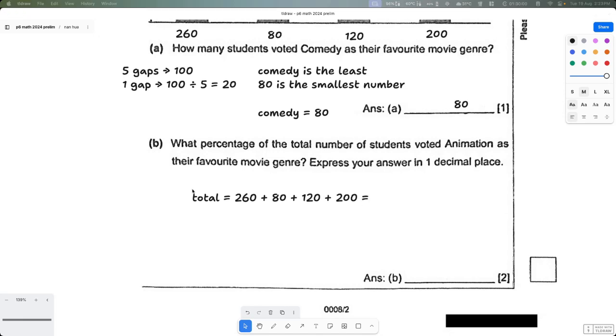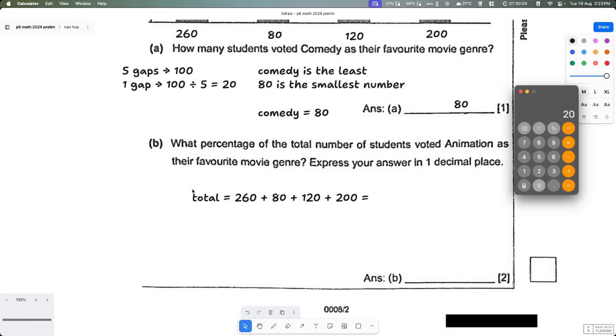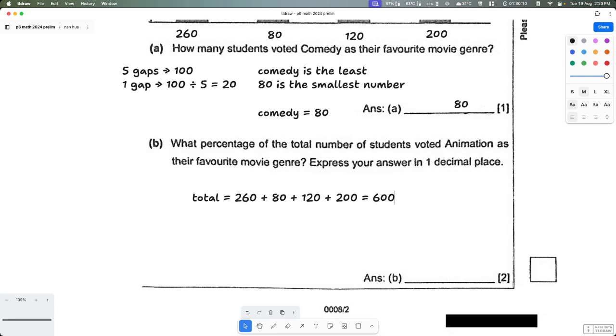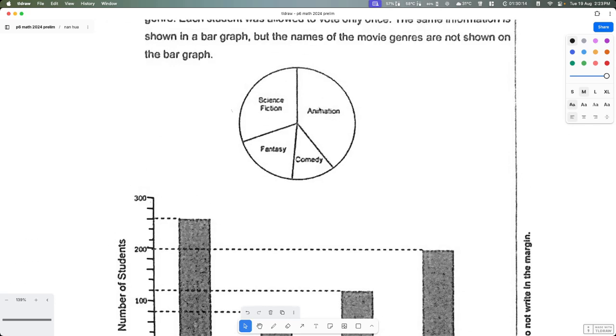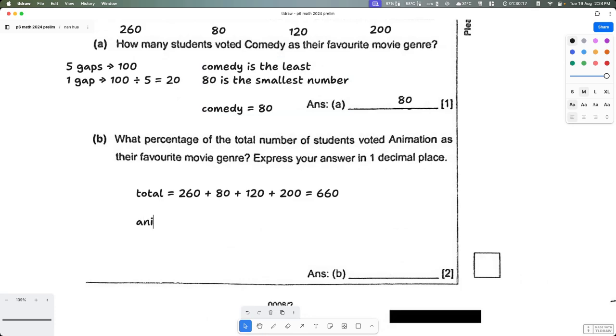Okay, and this will equal 660. Right, but let's double confirm. 260 plus 80 plus 120 plus 200, 660. Right, 660. Okay, so animation over here is the biggest. So animation is the biggest, which also means animation is equal to 260.